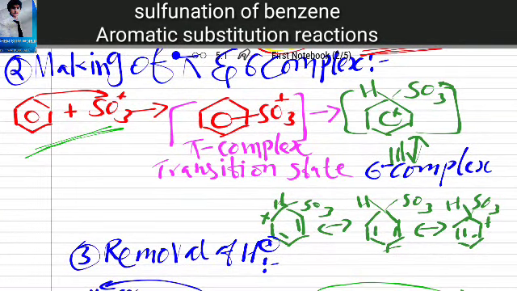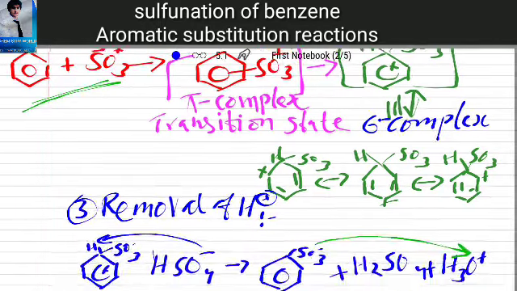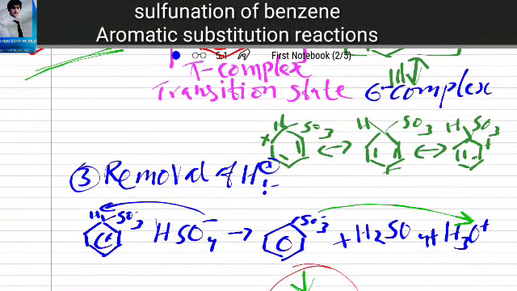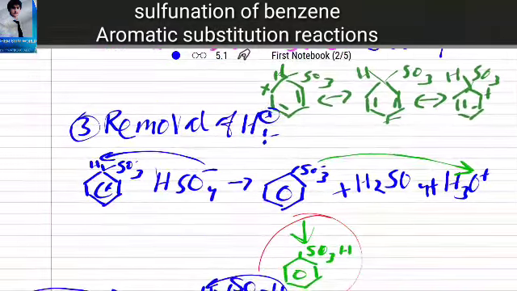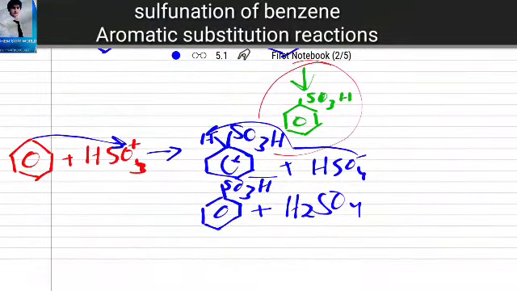Here the benzene attacks on SO3 and becomes pi complex, then sigma complex, which is electropositive and resonating in the intermediate state, and then removal of H. If we use the second method, then HSO3 is attacked by a nucleophile and becomes sigma complex, and here HSO4 negative attacks on the H and becomes H2SO4, and we can get our product.